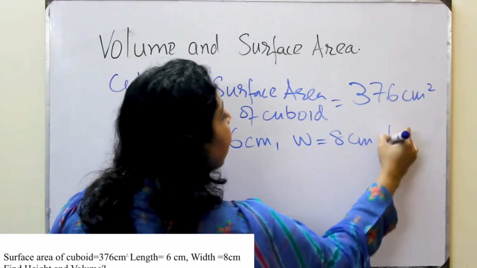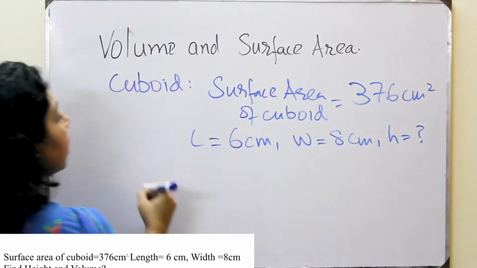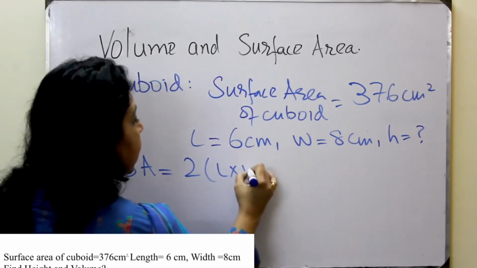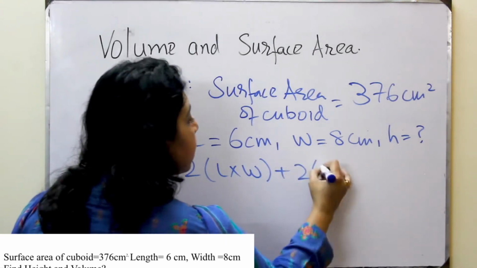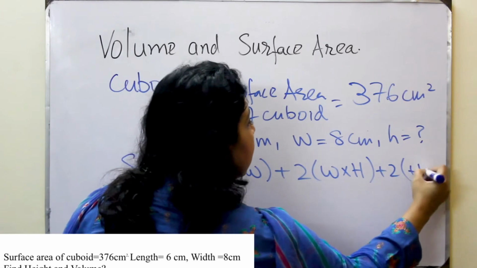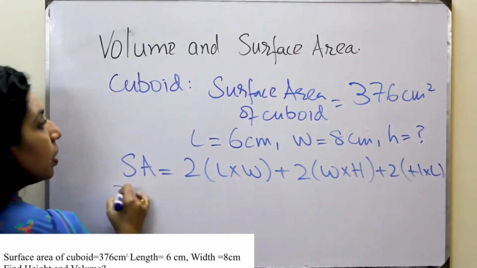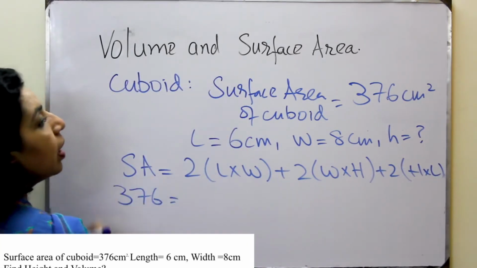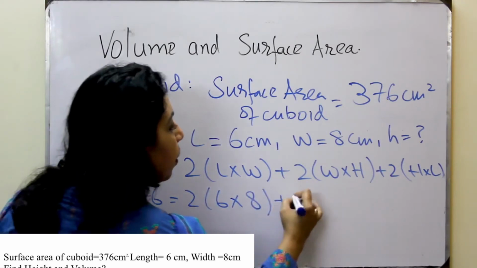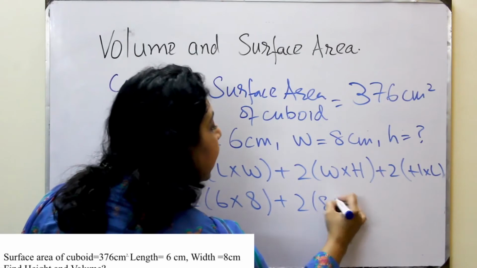Again I have to find the height. I shall use the formula for surface area, twice L cross W plus twice W cross H plus twice H cross L. I shall use the value of surface area, the values of L and W, and keep H as H.